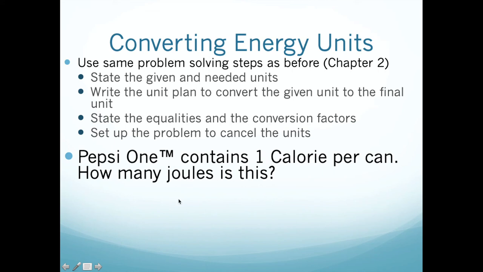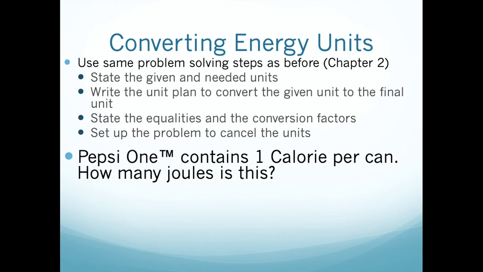There isn't a direct way to do this, but the middleman here might be a lowercase c calorie. So ask yourself, how many lowercase c calories are in one nutritional calorie? If you've forgotten, it's 1,000. One nutritional calorie with a capital C is equal to 1,000 metric calories.